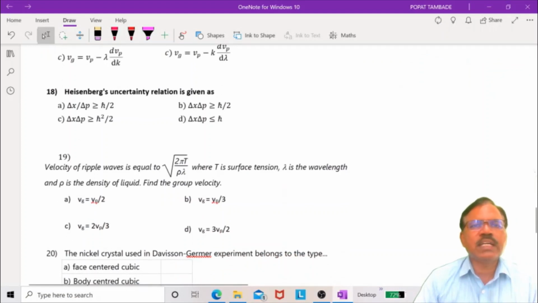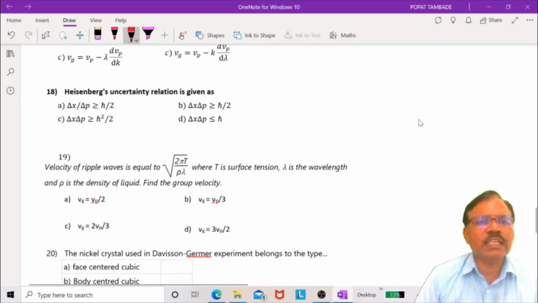Now, Heisenberg's uncertainty relation is given as, the first one is delta x divided by delta p is greater than or equal to h bar by 2. Second, delta x into delta p is greater than or equal to h bar by 2. Third, delta x into delta p is greater than or equal to h bar square by 2, and delta x into delta p is less than or equal to h bar.